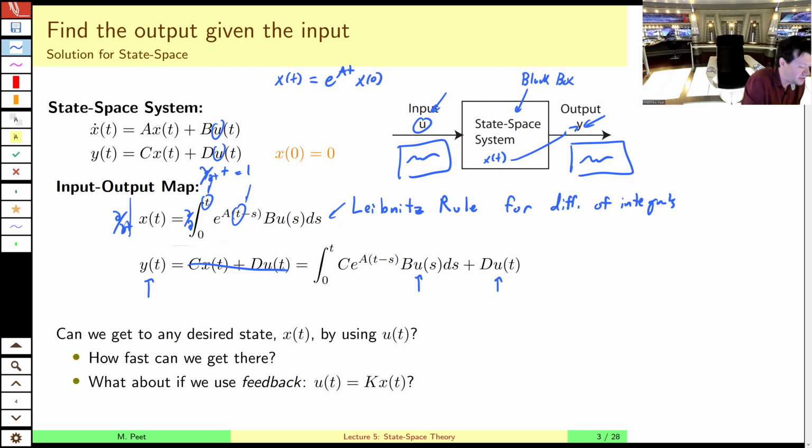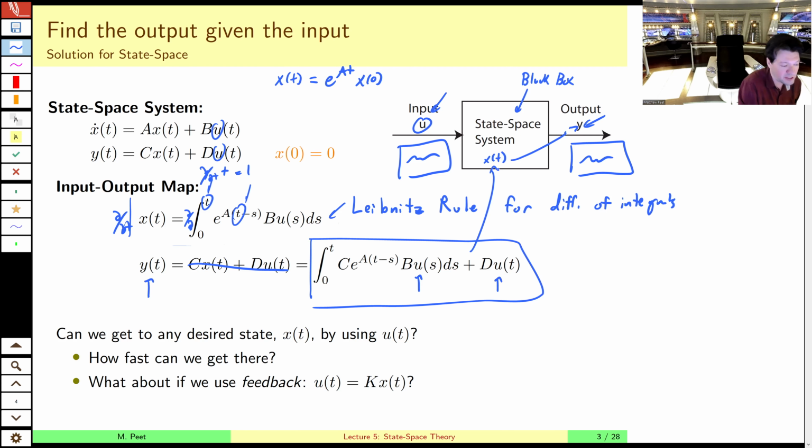Let's cross that bit out. So we can express y of t in terms of u of t without x ever appearing in the expression. So this is the ideal way to represent your input to output map. Something that does not involve anything that's going on in the interior of the box. We don't care what's going on in the interior of the box. We only care what the relationship is between the inputs and the outputs.